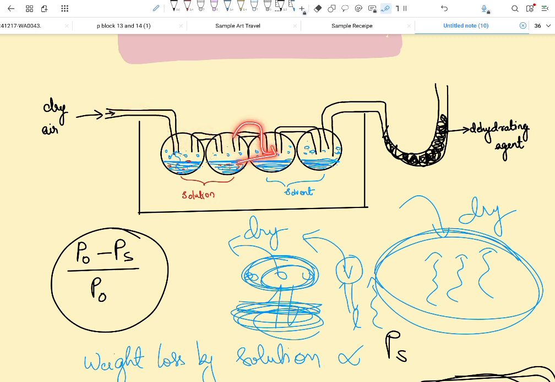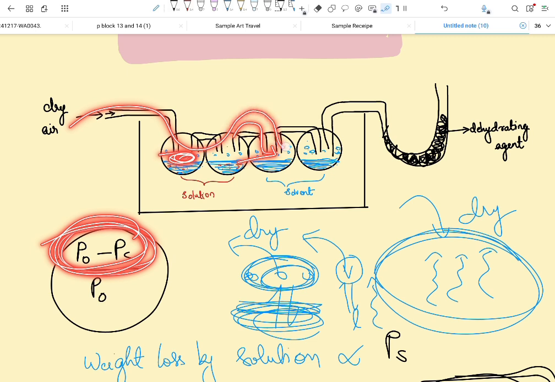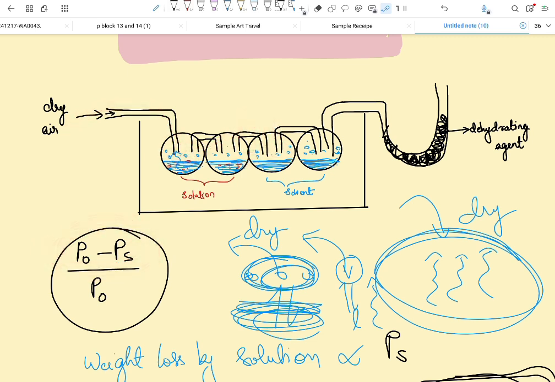So we can say that if lowering is more, there is less vapor here, so more dry air can be passed through the next container, the solvent. The same phenomenon will happen there also. Dry air will be saturated with the solvent, and the solvent will evaporate more if more dry air is coming.